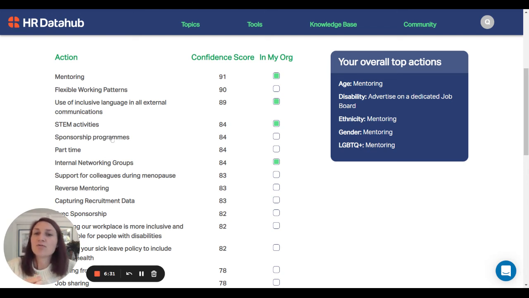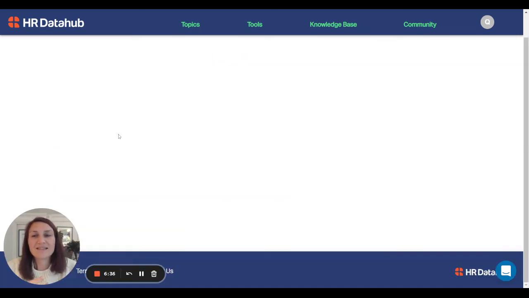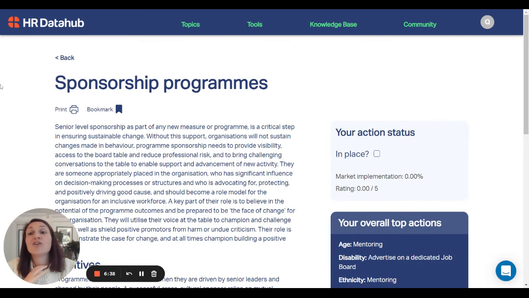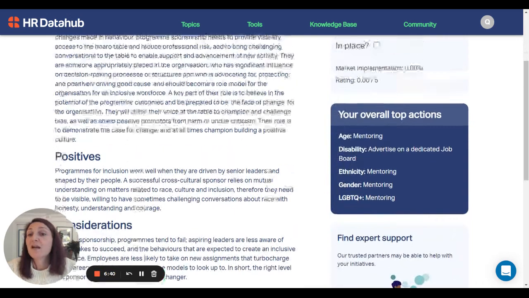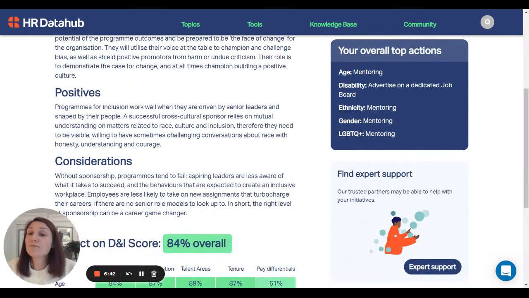I actually don't know, as a senior HR professional, I don't know too much about this or how we might implement it. So I can click through here and learn all about sponsorship programs, not only descriptions, but what might be really good about it, what might be some things that I want to consider as I'm implementing it.